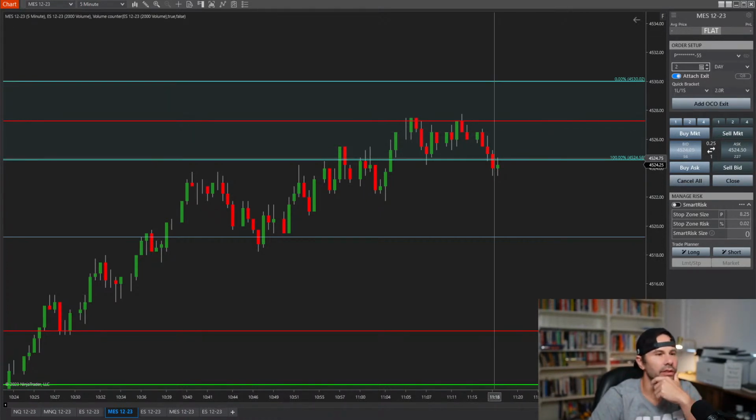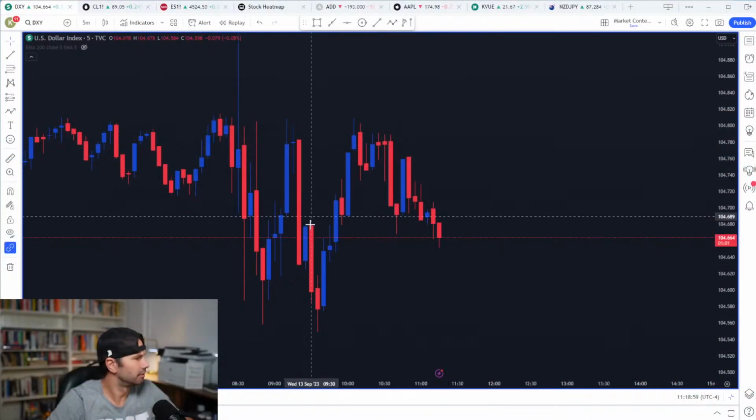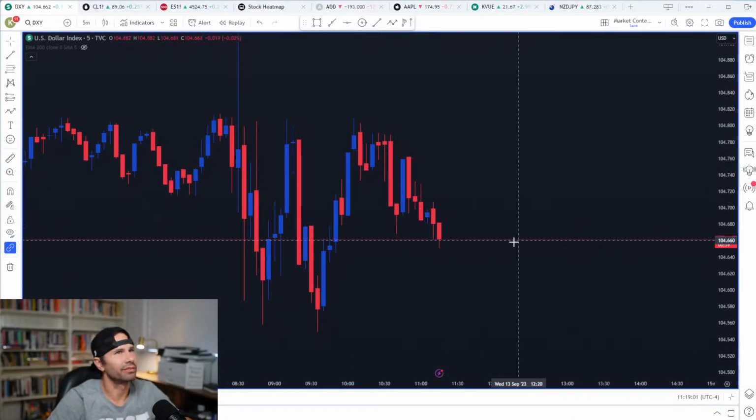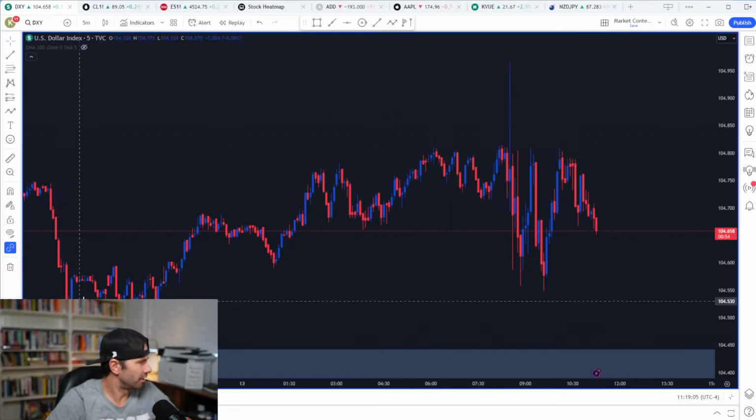The thing is that the dollar is still not in position. Look where the dollar is. The dollar is up here. I would rather the dollar being at this level somewhere around here.